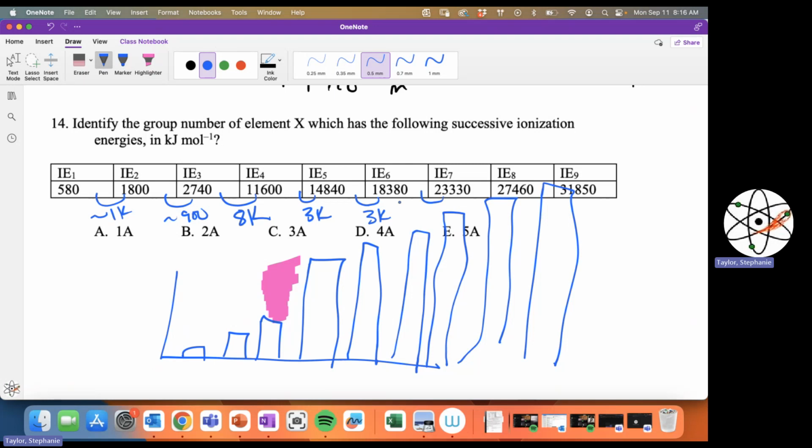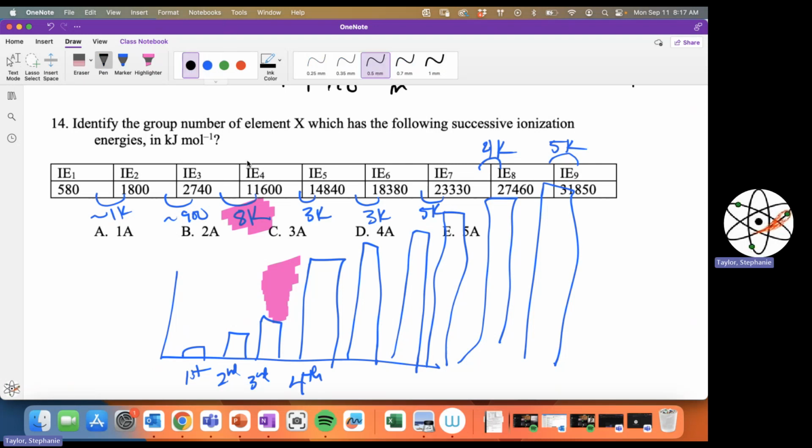This is a difference of about 5,000. 23 and 27, that's about 4,000. 27 to 31, that's about 5,000. So somewhere there is a biggest gap right there, which means that as we're going along, first, second, third, fourth, it's the fourth one where suddenly there's a big jump.